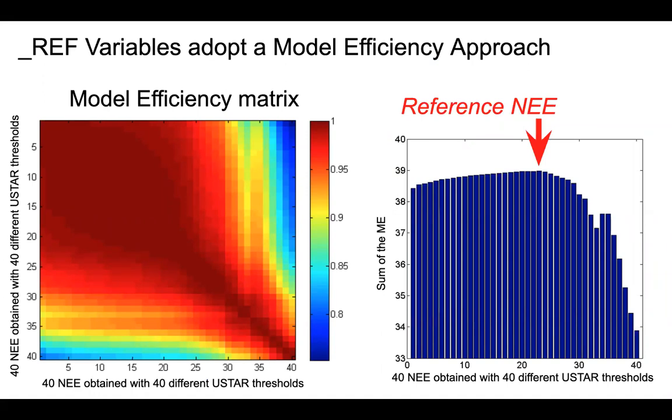all of these iterations based on this model efficiency approach, which is basically what you see in this matrix here. It shows how different each version of these U-star thresholds, in this case with versions of NEE that were filtered using this U-star threshold, is from all of the others.